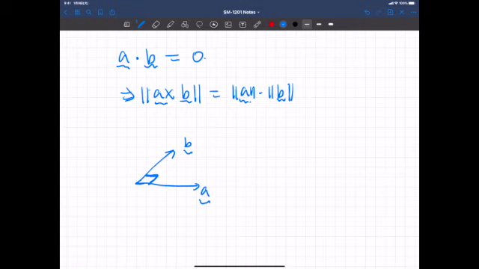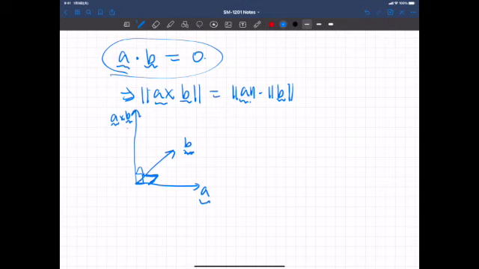Then if we calculate their cross product, a cross b, as we have seen, the cross product is perpendicular to both a and b.